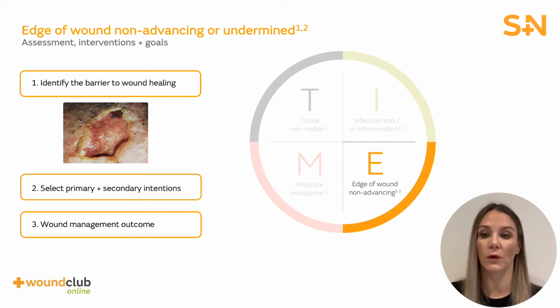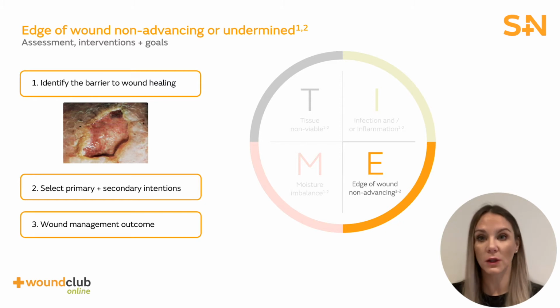When we talk about non-advancing, this means that the wound is not making any progress, and undermining means that the wound bed is not attached to the wound edge, which is going to prevent the wound from making progress unless appropriately managed. The aim of any treatment should be to promote epithelialization and healthy peri-wound skin, which can be carried out in a number of ways depending on your local policy within the area that you work.